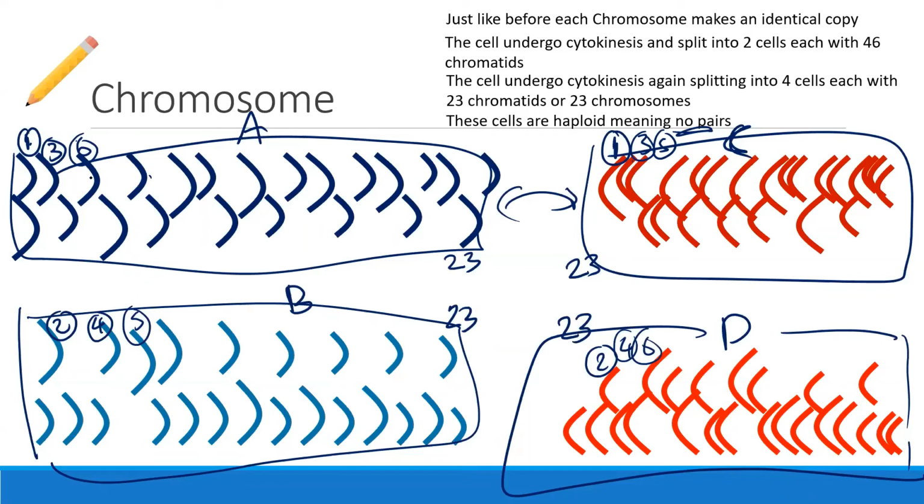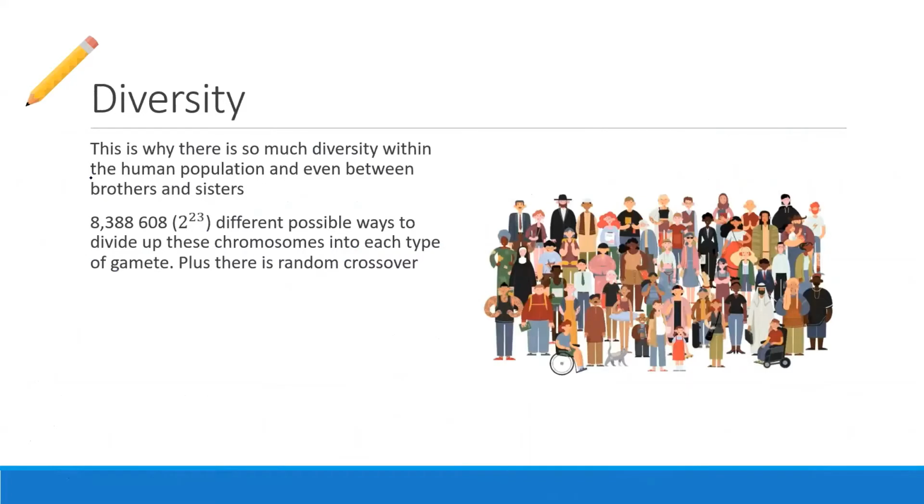And this is important. The reason this is important is because it leads to diversity. This is why there is so much diversity within the human population, even between brothers and sisters. This is the example that we usually give here. You take a brother and a sister, right? They both had DNA come from their parents.